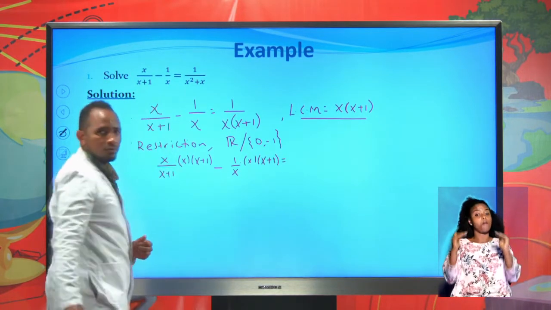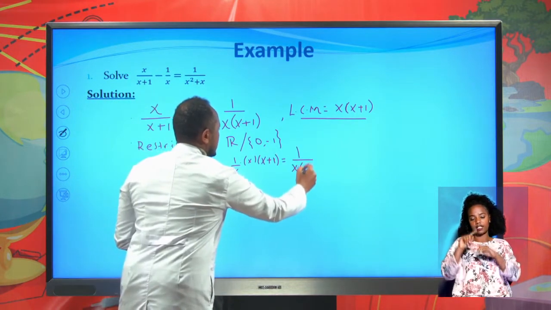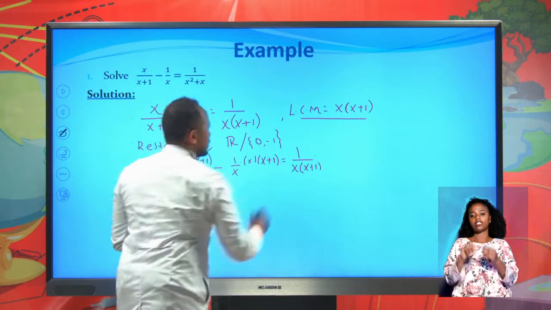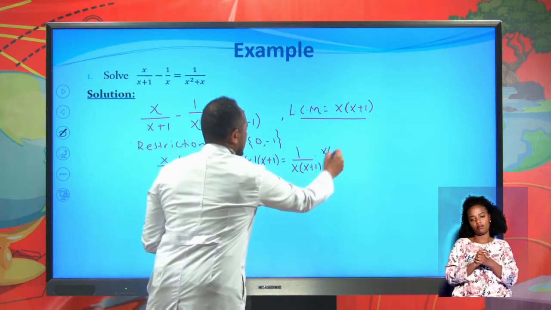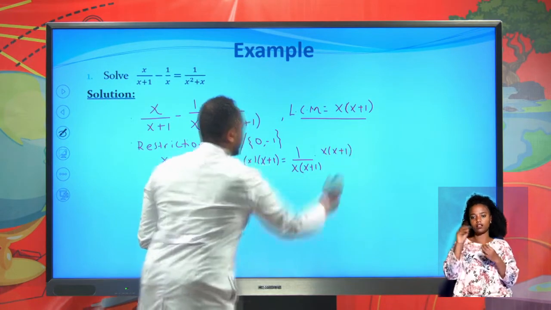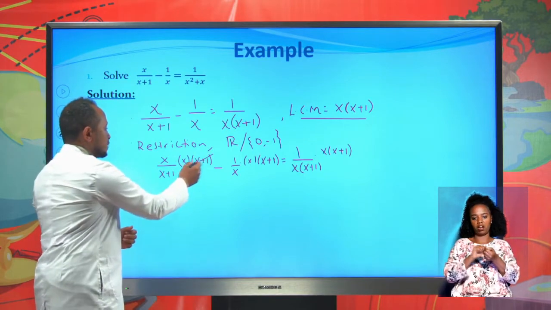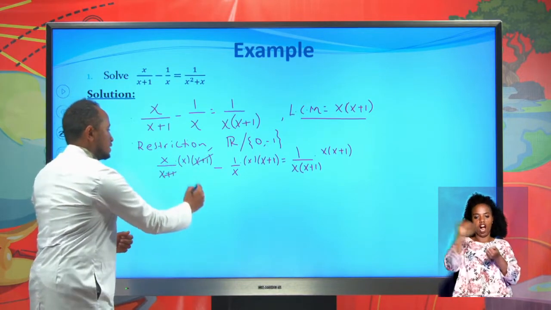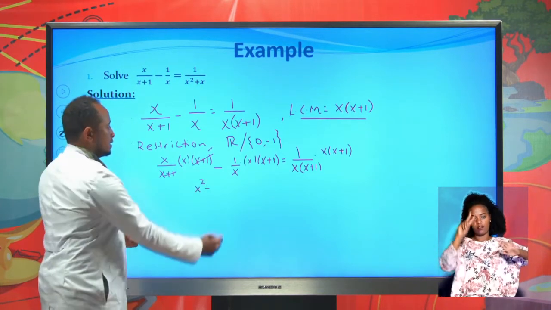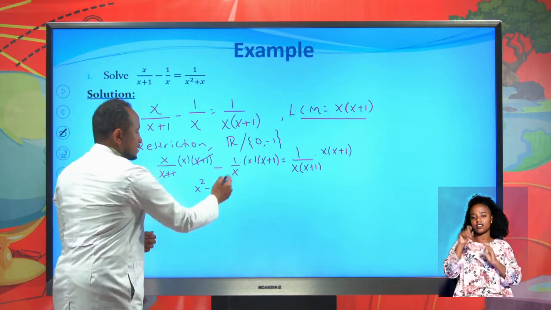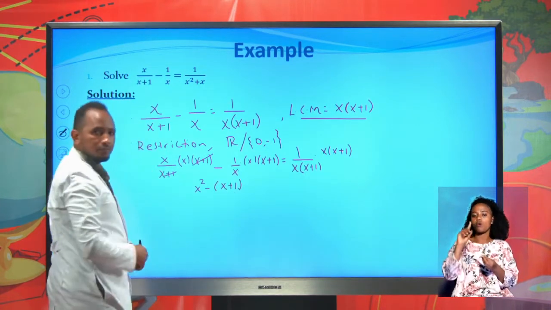This must be equal to 1 over x times x plus 1, also multiplied by x times x plus 1. Now let's simplify. When you simplify this, x plus 1 cancels, x squared is remaining, x times x is x squared, minus x is cancelled by x, the remaining part is only x plus 1.